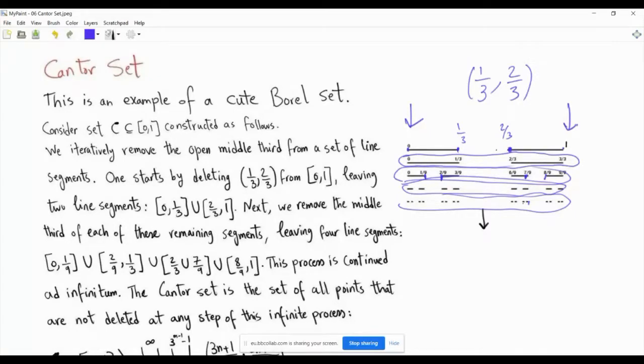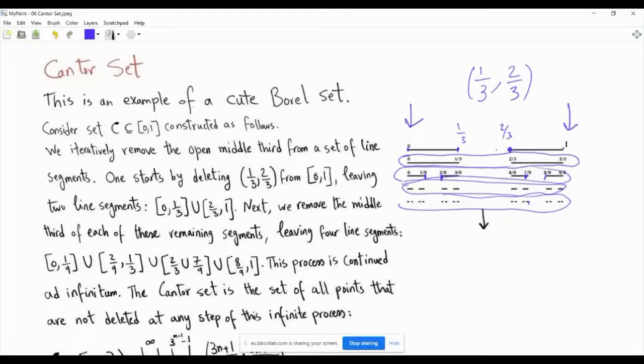In fact, the Cantor set has an uncountably infinite number of points. So the cardinality of the Cantor set is actually C. You can show that there is a bijection between the Cantor set and the closed interval 0 to 1.